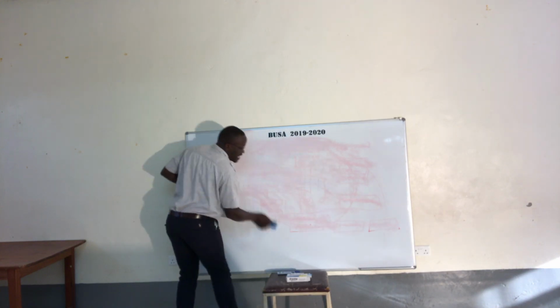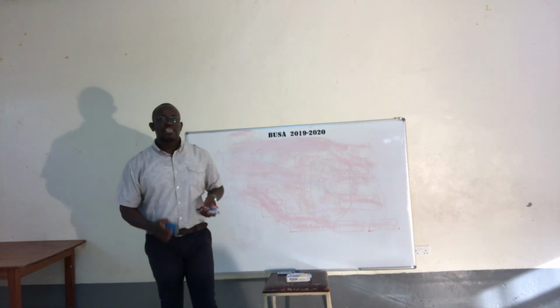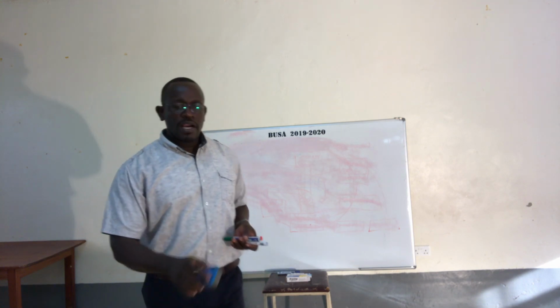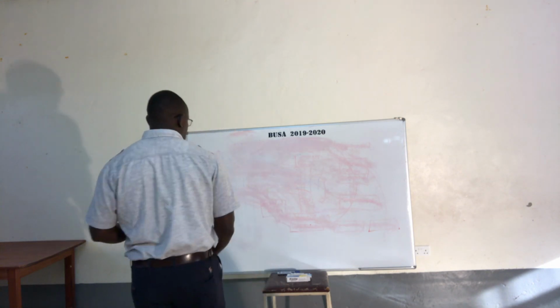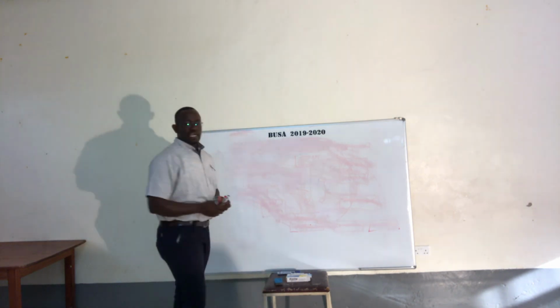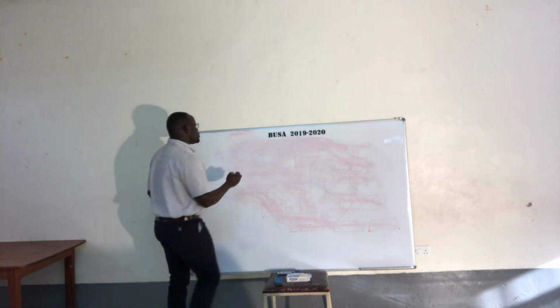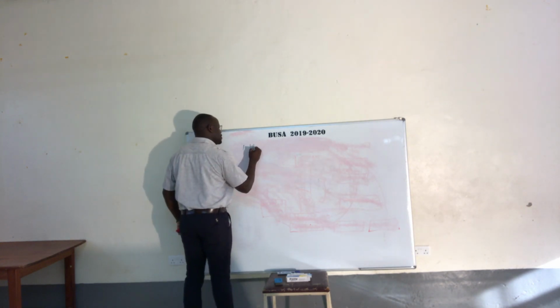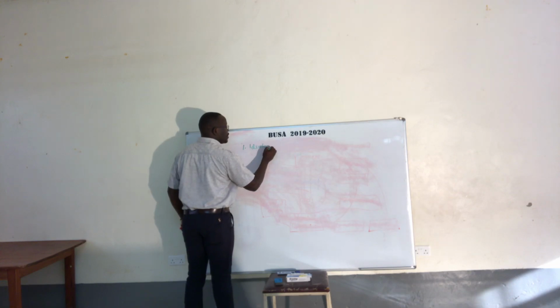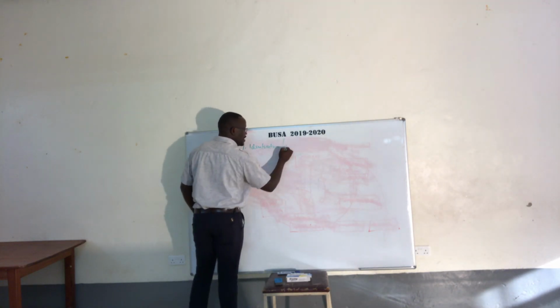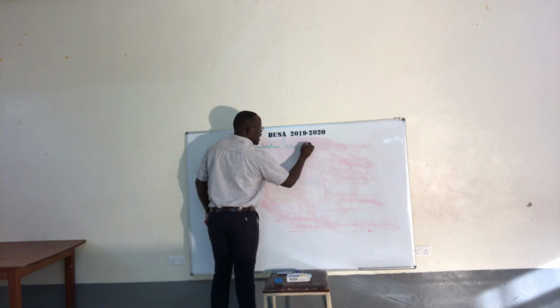And the phases that they have, you will agree with me, must have the 6 common ones. Number 1, it will have something to do with what? Identification, or needs assessment.